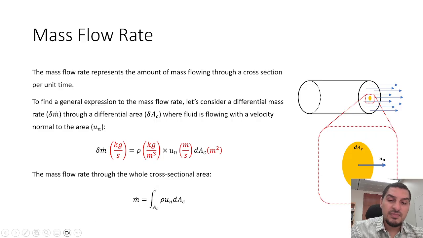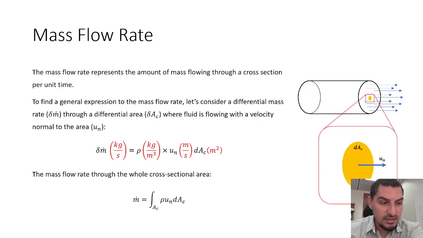But still, the step of the integration might not be easy, especially if we have a cross-sectional area that is not uniform. That's why we prefer to use the algebraic equations instead of the differential equations.